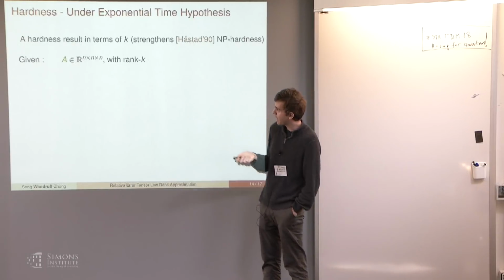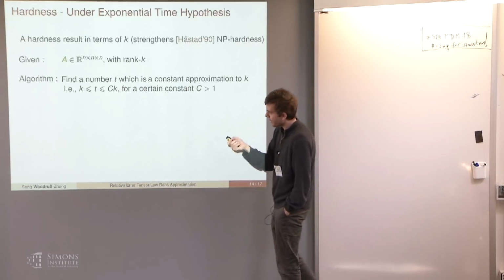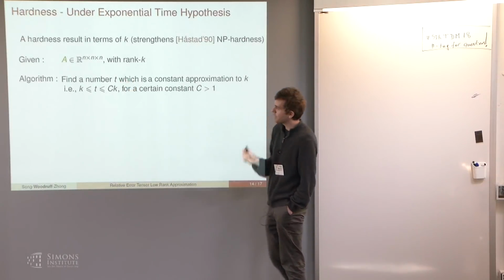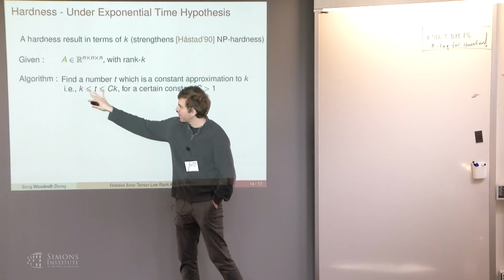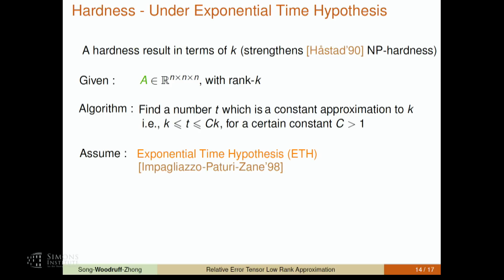If someone gives you this n by n by n tensor and a rank parameter k, which has rank k, and you want to output a number t, which is not exactly the rank, but is at least the rank and at most a fixed constant times the rank, then we can show, assuming the exponential time hypothesis, which means that 3-satisfiability on instances of size n takes 2 to the omega of n time, that you basically can't do better than trying all assignments. If you make this standard complexity assumption, then to solve this problem you actually do need to spend roughly 2 to the k time.